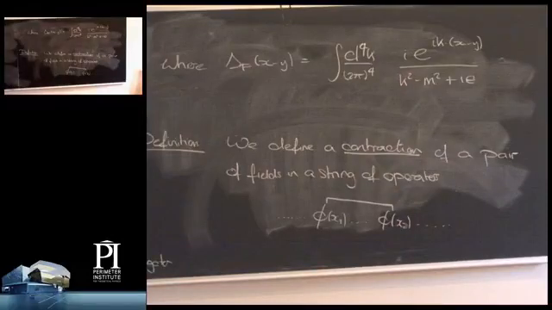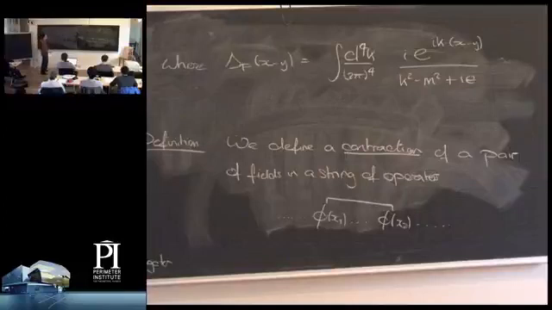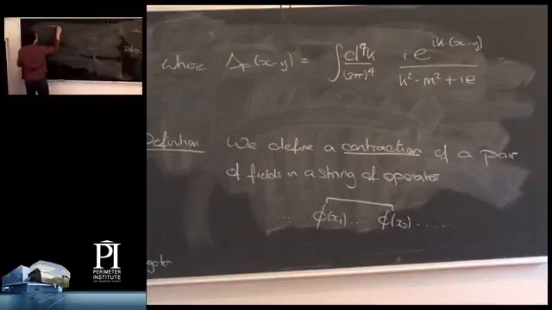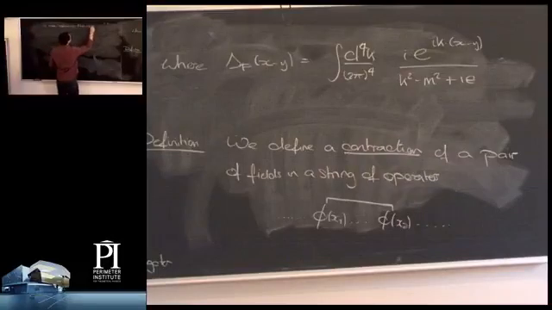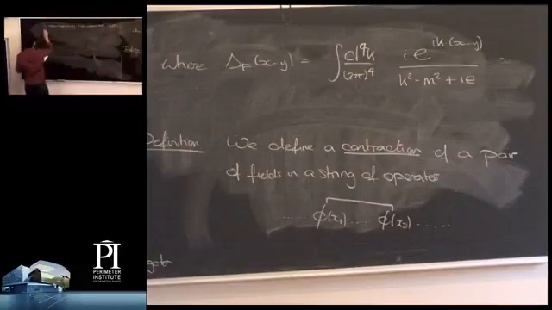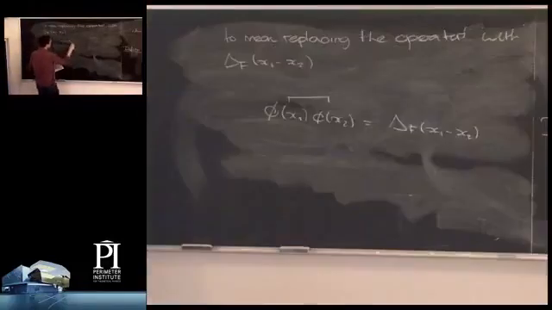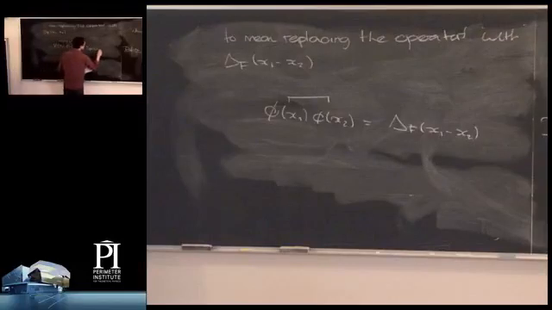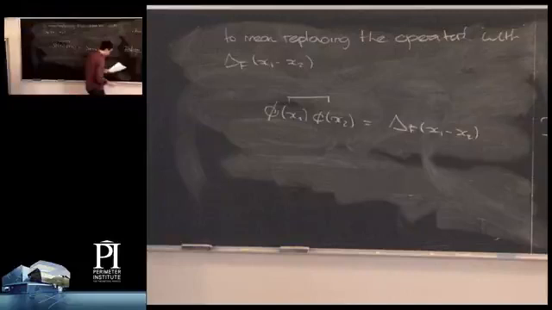So if you ever see this, try and get my grammar right, we define a contraction of a pair of fields in a string of operators to mean replacing the operators with the Feynman propagator, and leaving everything else as below, okay?